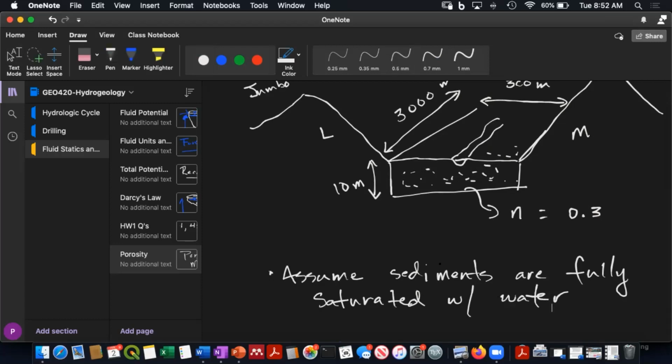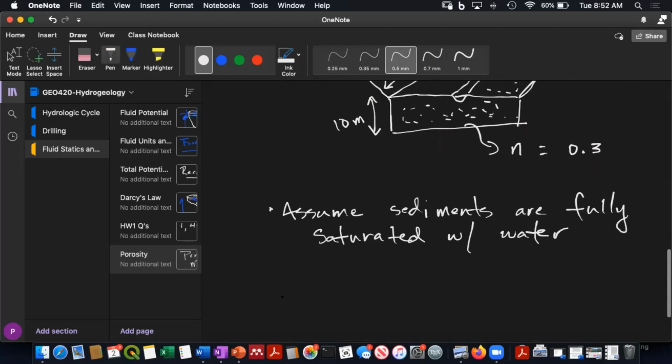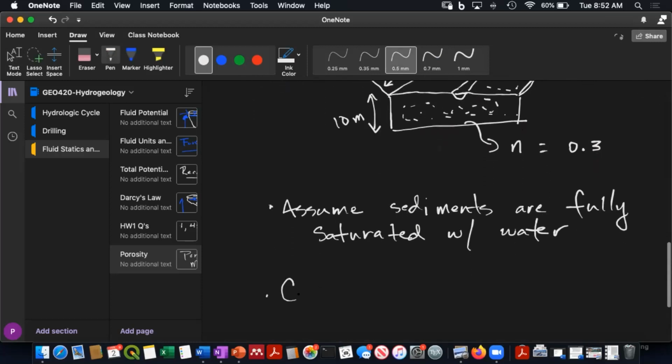Yeah, all pore space is full of water. All right. Calculate the volume of water in Hellgate.